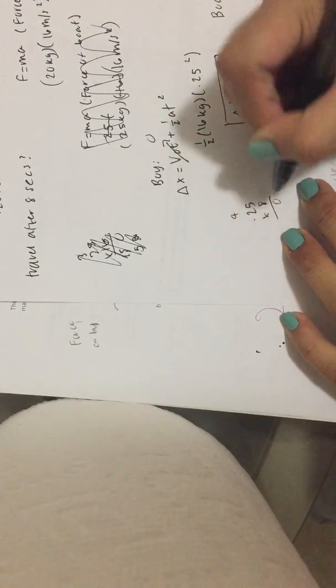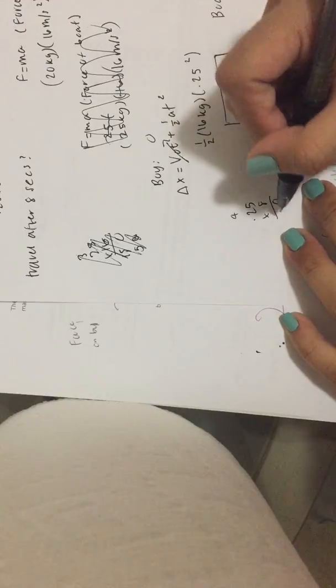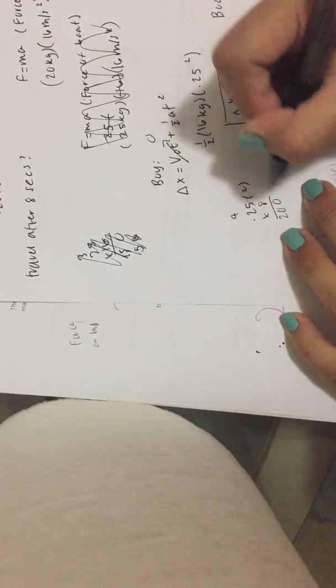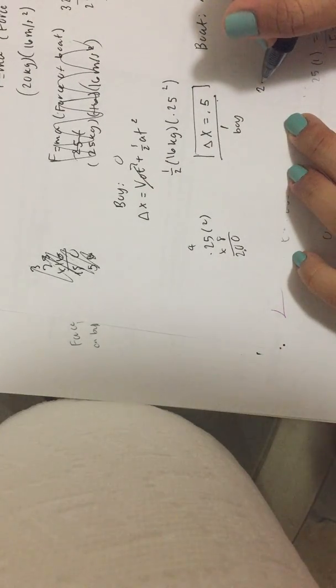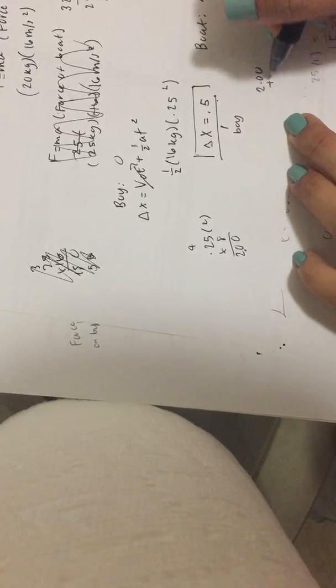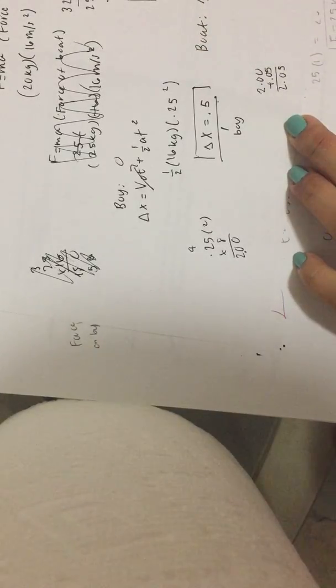So that'll be 2.0, and then 2.0 plus 0.5, so you get 2.5.